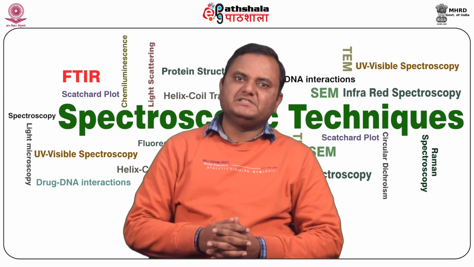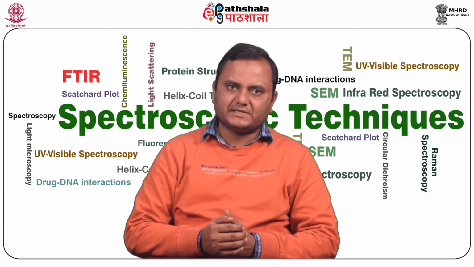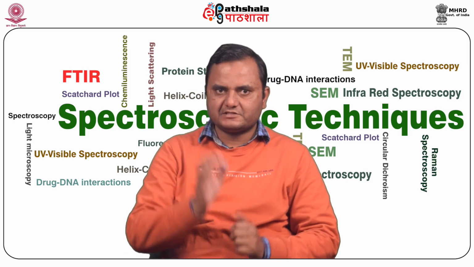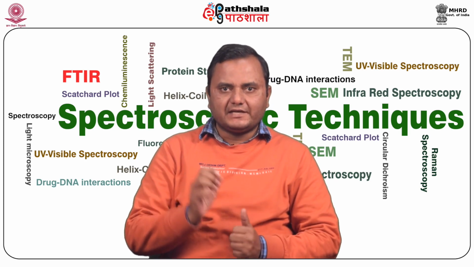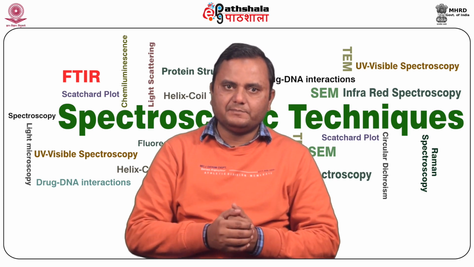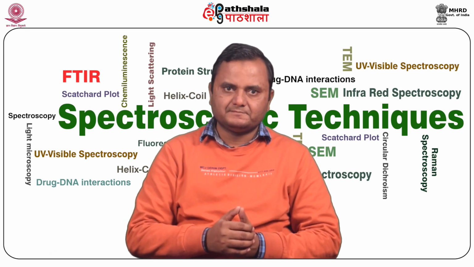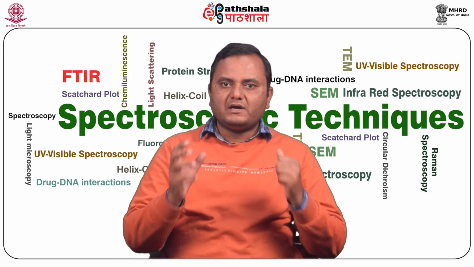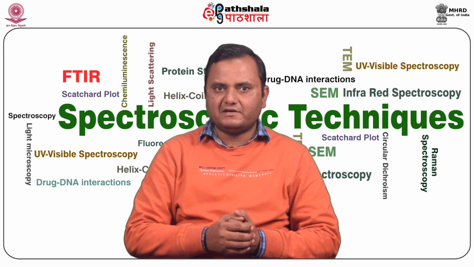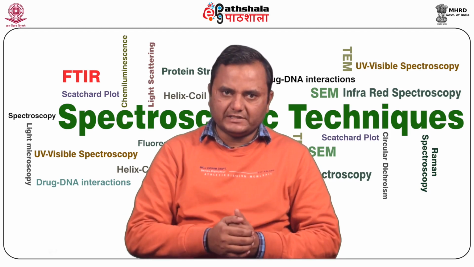Once you get the CD spectra, you need to know how to analyze it and derive information from it. For that you must remember these points. First, an all alpha helical peptide has an ellipticity of minus 38,000 degree centimeter square per mole per residue at 222 nanometer, and an all random polypeptide has an ellipticity of minus 1200 degree centimeter square per mole per residue at 222 nanometer.